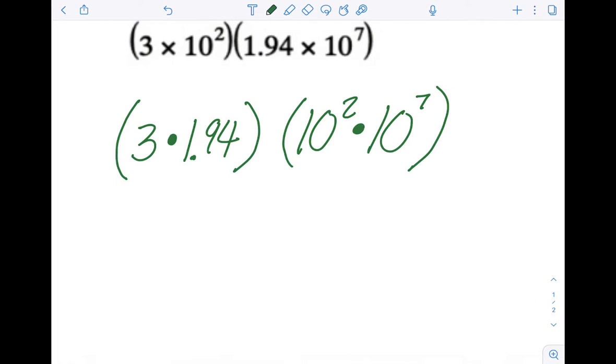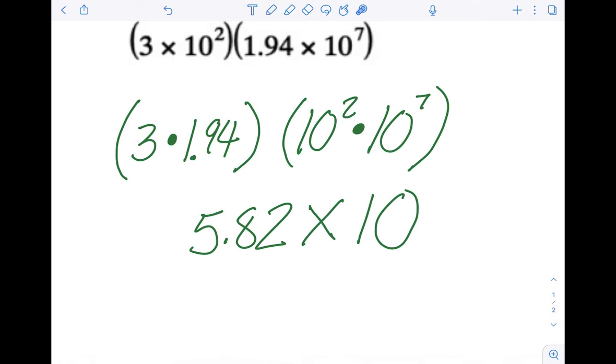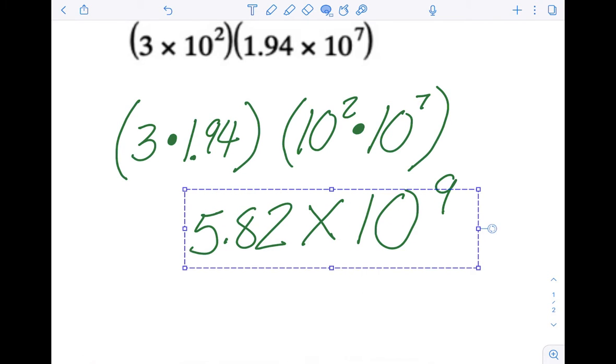So I got 5.82 times, right? I have to write it in scientific notation, 10. Now, remember, when my bases are the same, 10 and 10, and I'm multiplying, I add my exponents. 2 plus 7 is 9. So that right here, kiddos, let me move it down over here.